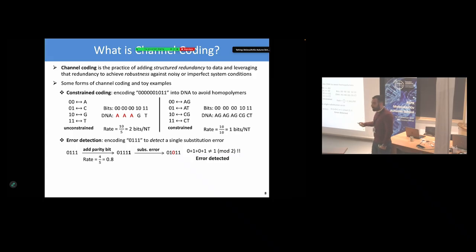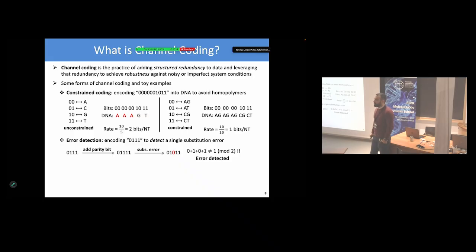How do you determine that the parity bit here is 1? It's just the sum of the 4 modulo 2. So 1 for odd, 0 for even. Okay. So here, if you sum the first 4, what you're going to get is different than 1. You're going to get a 0. So that's why you know that there was an error. So if the first 4 could be an arbitrary combination of zeros and ones, your parity bit gives you 50% resistance against substitution.